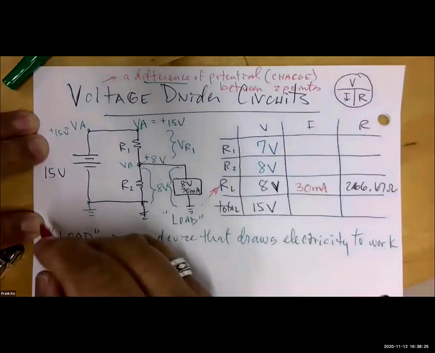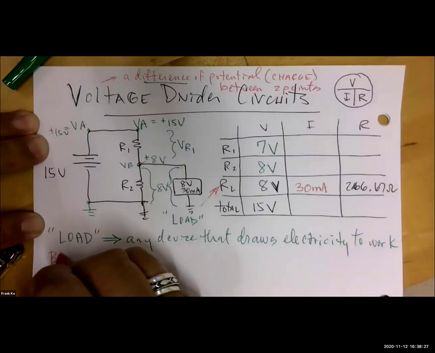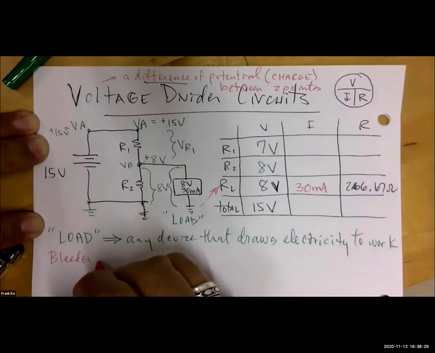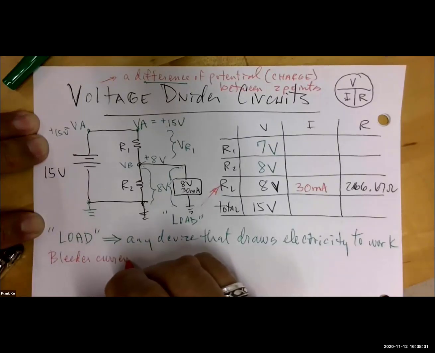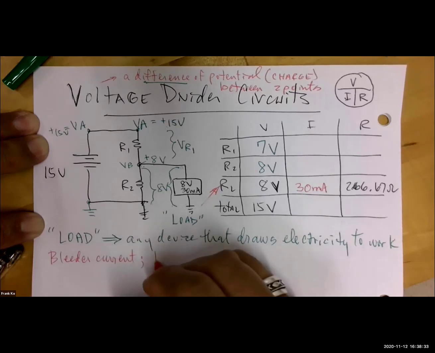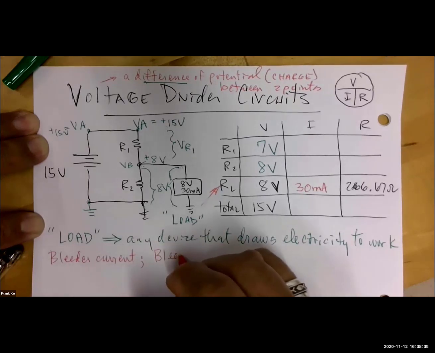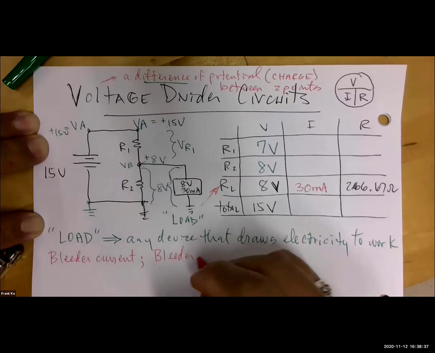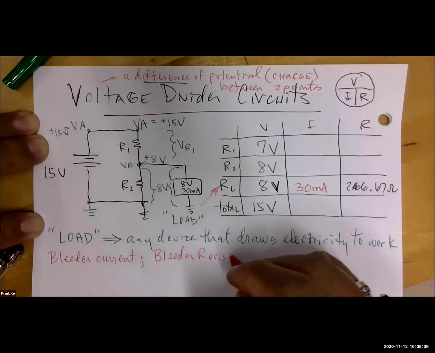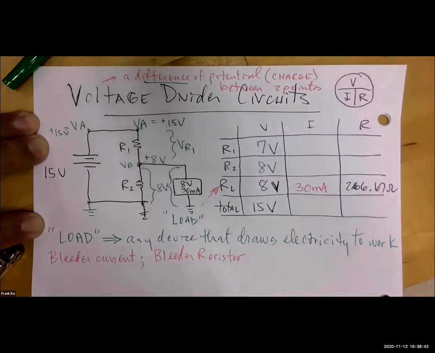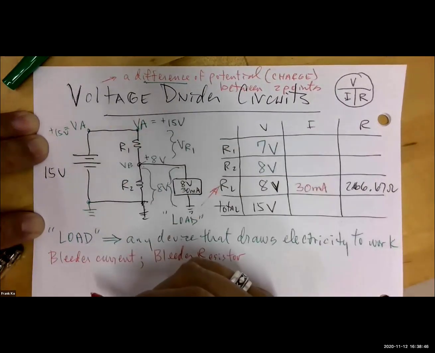And there is something known as bleeder current and something known as a bleeder resistor. A bleeder resistor.